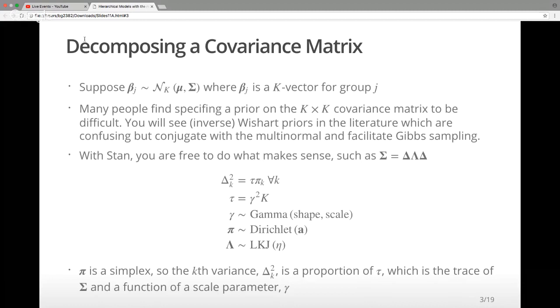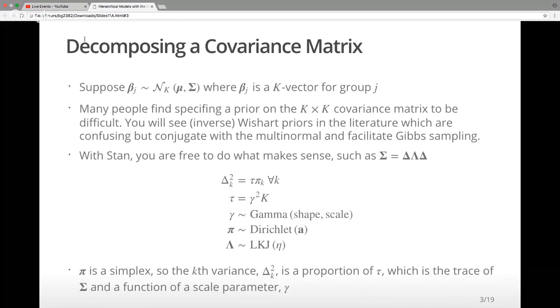And then there's a question, okay, what should we use for the diagonal elements of delta? One approach is, okay, so the diagonal elements of delta are the standard deviations for the kth element of the multivariate normal distribution that we're talking about.